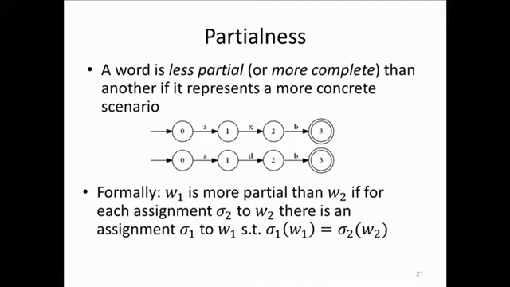So we want to look at the notion of partialness. A word is less partial or more complete than another word if it represents a more concrete scenario. Now, intuitively, we would say a word is more partial if it has more free variables. But more formally, we want to say that a word is more partial if for each assignment to one, there is an assignment to the other that gives us word equality.